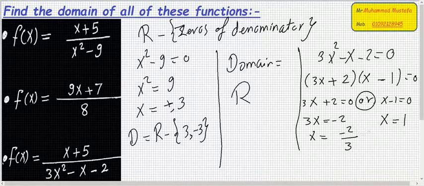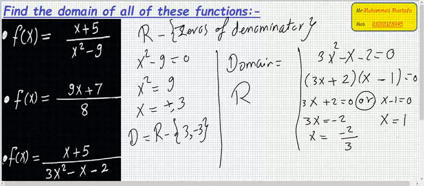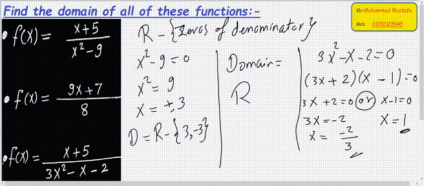Then the set of zeros of the denominator is 1 and -2/3.